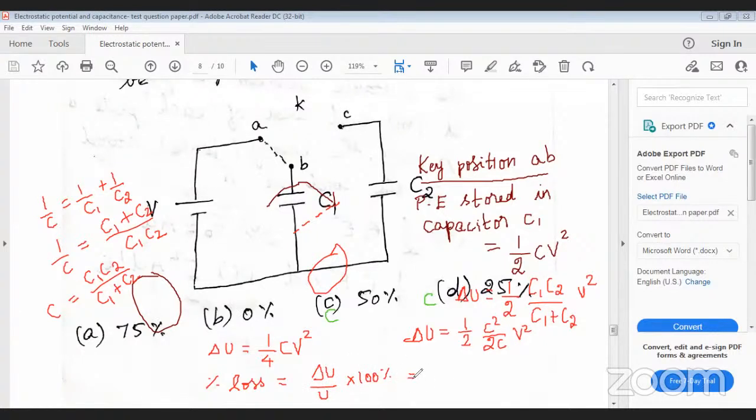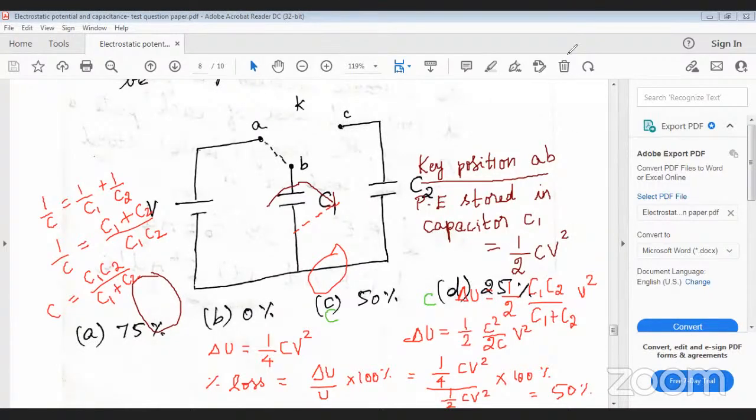So original energy is half CV squared and it has been reduced further. So half into 1 by 4 CV squared by half CV squared into 100%. So this will be 50%. This will be 50%. It is option C.